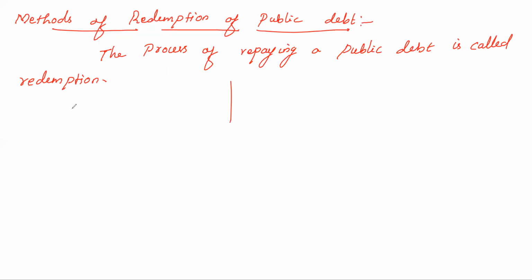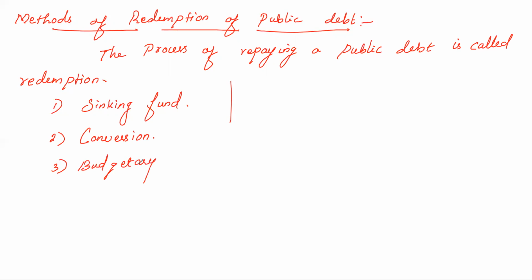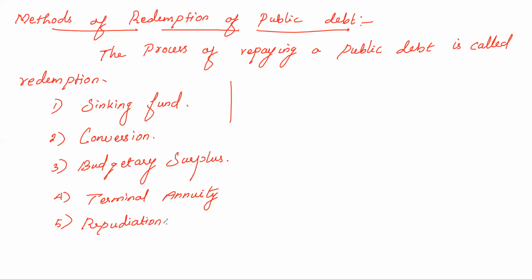So the following redemptions are: first one is sinking fund, second one is conversion, third one budgetary surplus, fourth one terminal annuity, fifth one repudiation, sixth one reduction in rate of interest, seventh one capital levy.